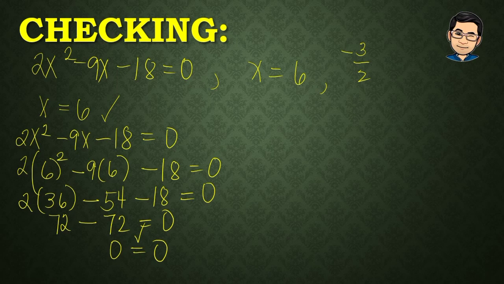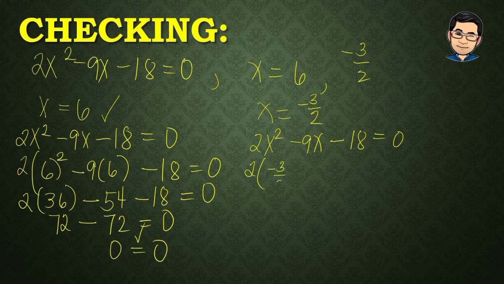Let's try x equals negative 3 over 2. So, 2x squared minus 9x minus 18 equal to 0. So, and then 2 times negative 3 over 2 squared minus 9 times negative 3 over 2 minus 18 is equal to 0.